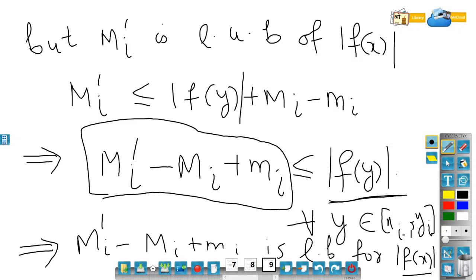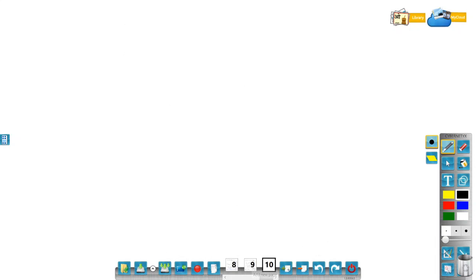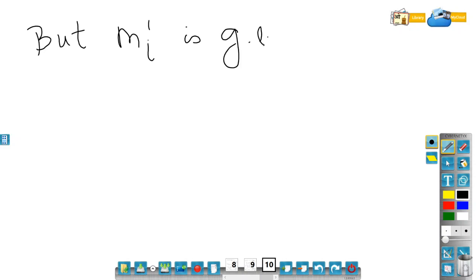If it is a lower bound, but we already know one of the lower bounds of mod f, small mi dash is the greatest lower bound of mod f. Instead of writing mod f of x or mod f of y, I'm straight away saying now mod f. That is fine.